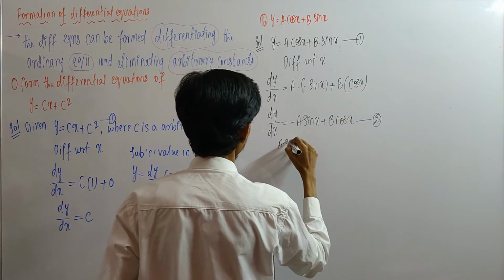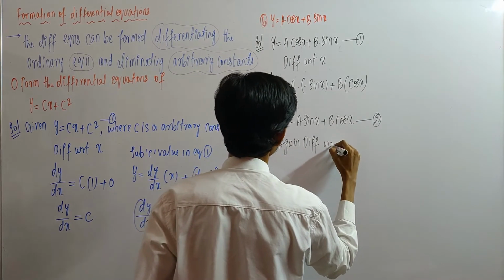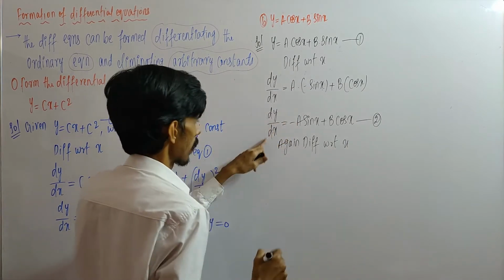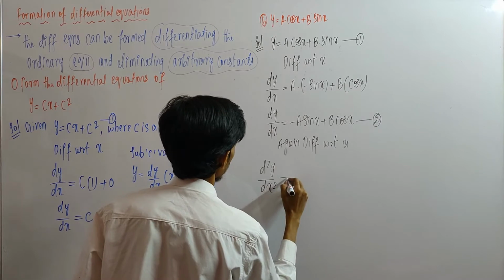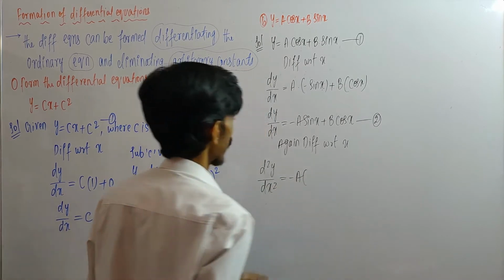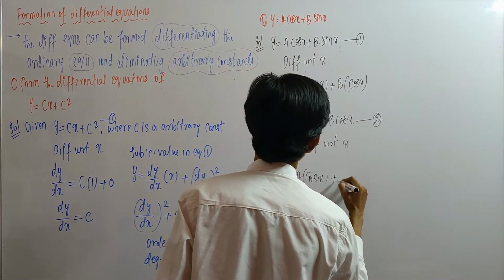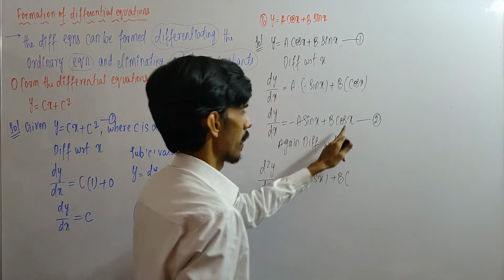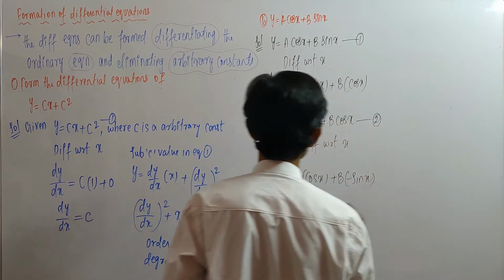So again differentiate with respect to x. This will become d square y by dx square is equals to minus a is a constant, derivative of sin x is cos x, b is a constant, derivative of cos x is minus sin x.